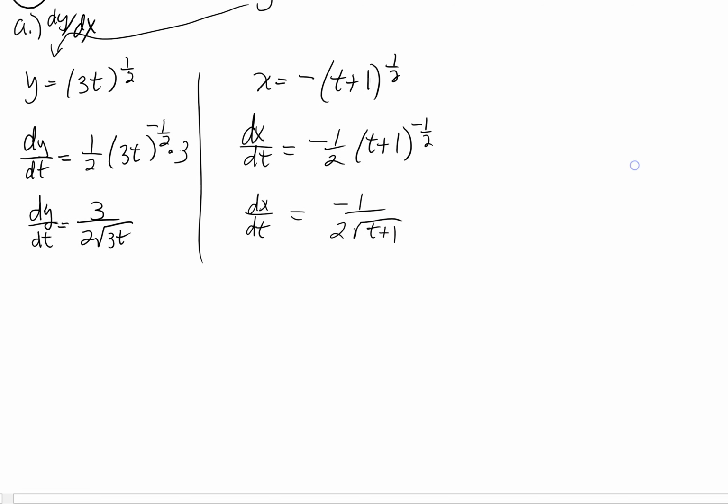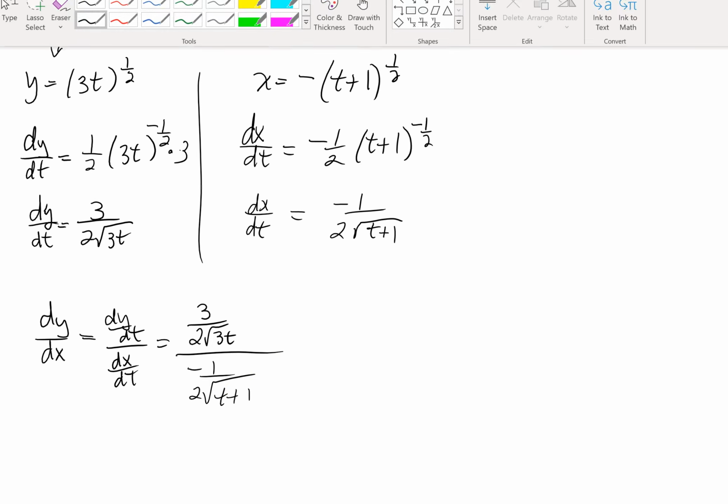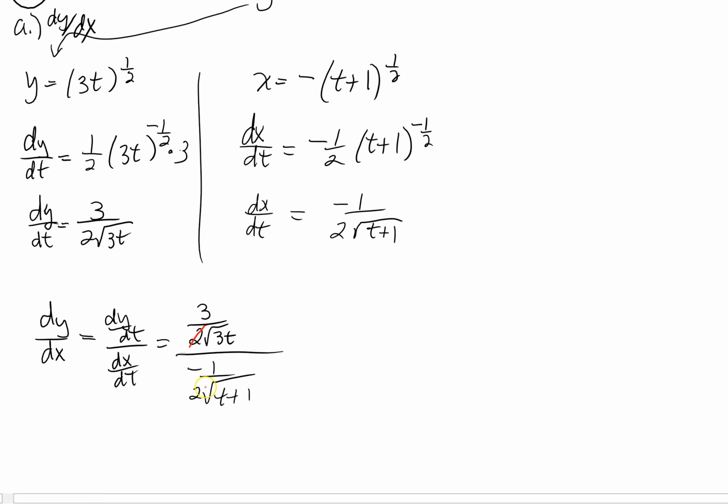Well, really what we need to do is find that dy/dx is dy/dt all over dx/dt. And we'd have our 3 over 2 root 3t, and right here we'll have a negative 1 over 2 radical t plus 1. Just to help you out, I hope you can see that this 2 and this 2 are going to definitely cancel each other out.